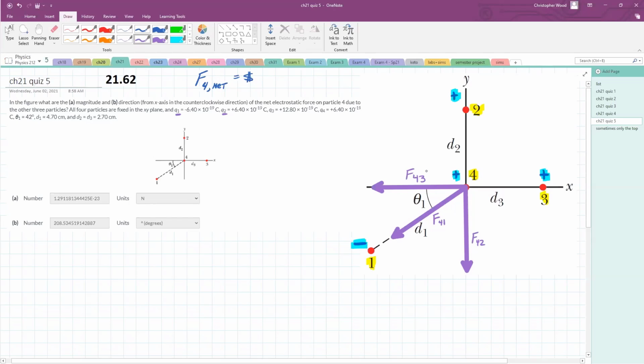Those are all vectors, so draw them as vectors. And our job is to find the net force on 4. There are a lot of simplifications we can make. This can collapse and simplify a lot because of symmetry.